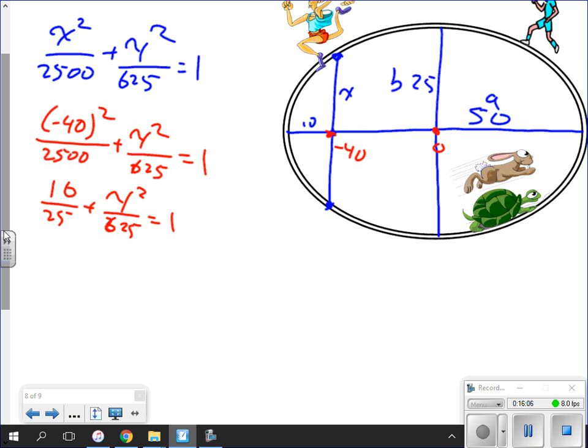Subtract 16 25ths from both sides, right? Minus 16 25ths, minus 16 25ths. Y squared over 625 is equal to 25 minus 16 is 9, right? 9 25ths.